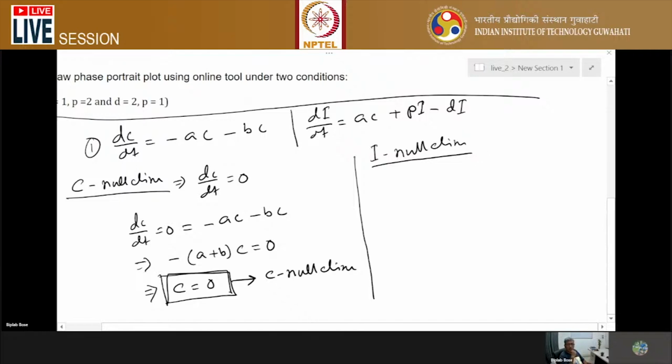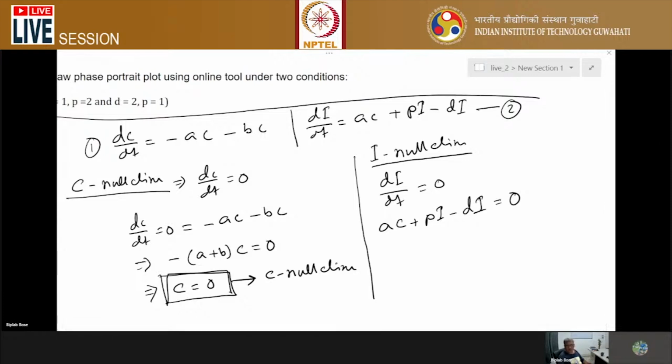Okay. So just like the C null-line where dC/dt equal to 0, for the I null-line dI/dt will be 0. So let me make dI/dt equal to 0. Then the second equation I can put equal to 0, right? So I will write AC plus PI minus DI is equal to 0. Fine. So now separate out I and C. These are two different variables.